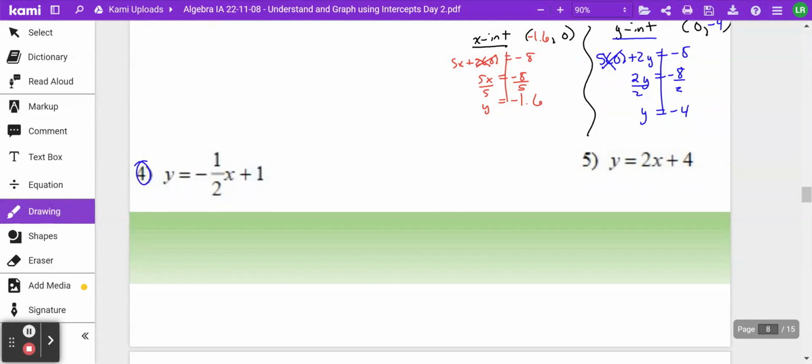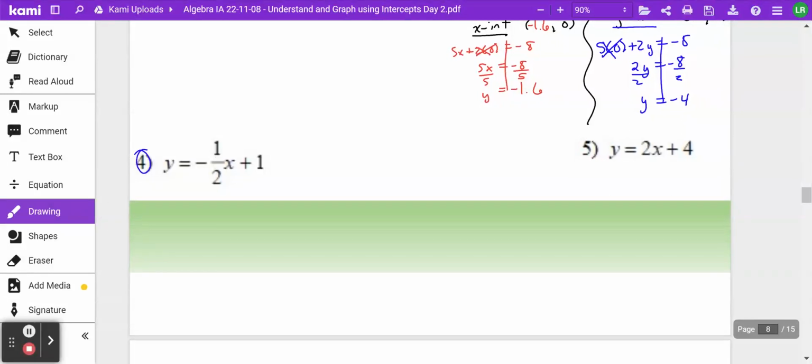You've seen a fraction type one. It's helpful when we use our calculators for these. But let's go ahead and do this. X-intercept: the y has to be 0.